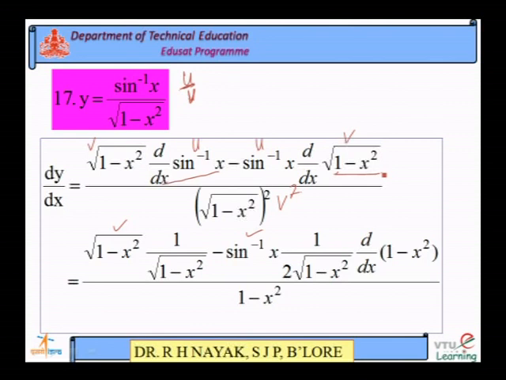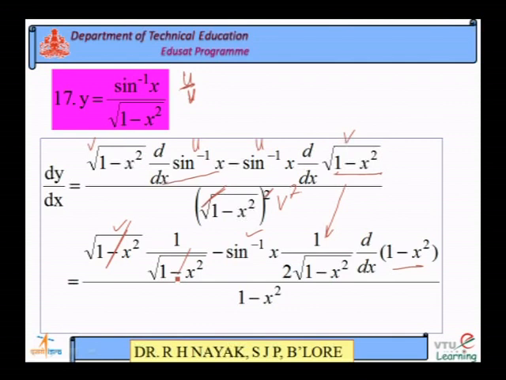According to that, differentiation of a root function is 1 divided by 2 root of the function into d by dx of the function. 1 by 2 root of 1 minus x square into differentiation of 1 minus x square, all divided by this root, and the square cancels. We will have 1 minus x square. This is again cancelled, 1 by root of 1 minus x square.